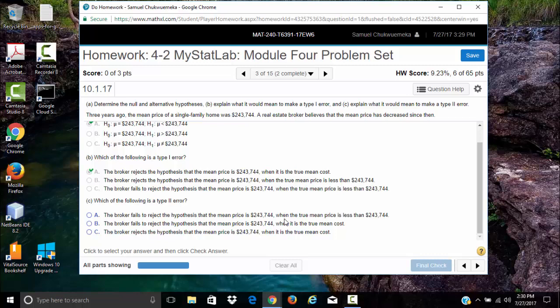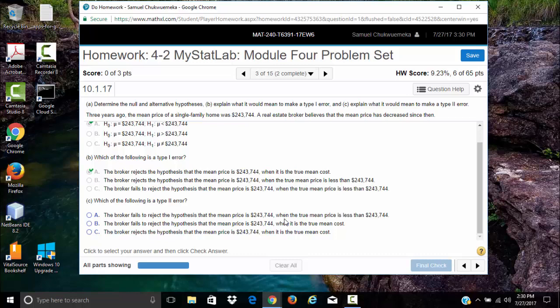So fail to reject is what we use rather than accept. We don't want to use accept. But I don't want this to confuse you at all. You can put it in your mind that it's accept, but later you convert it that it is fail to reject or do not reject. Okay? So type 2 error, you fail to reject it when it is not true.